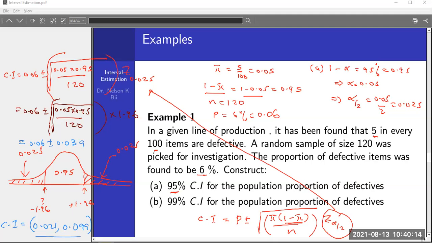So that is what we call the 95% confidence interval for the proportion of defective items produced. So can you do the 99% confidence interval? Please do, then let us know what you are getting in 2 minutes.